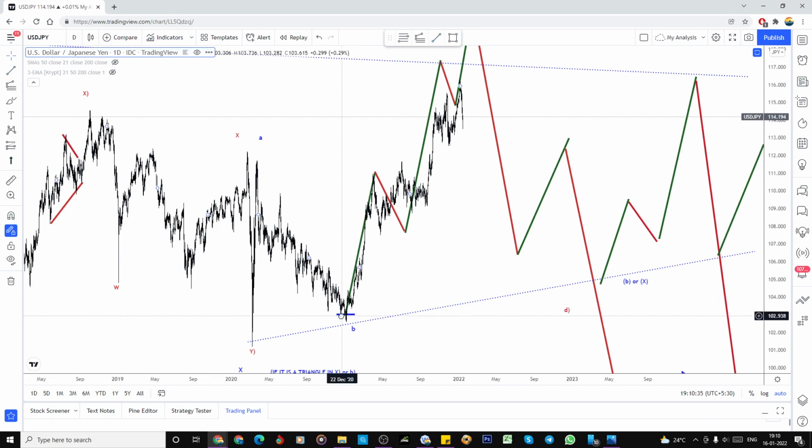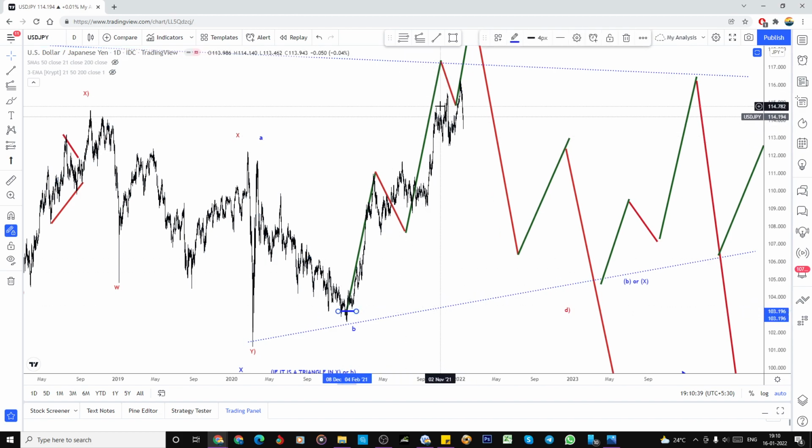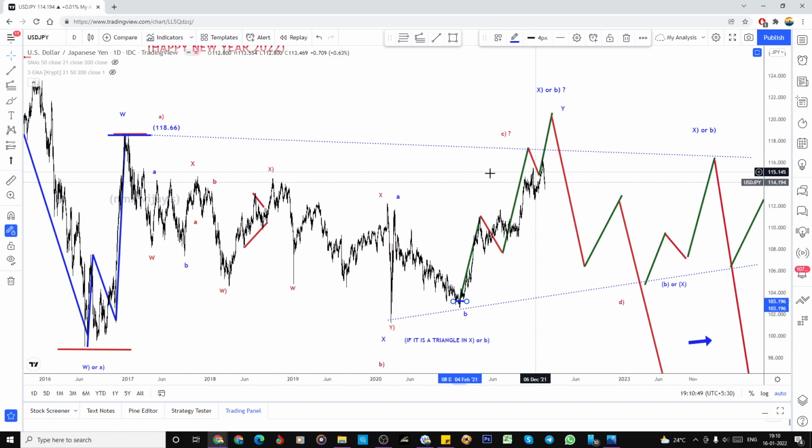From here I got in, and I booked at 115.3, and after that 116.17. I still remember that. So you forget about that, right?